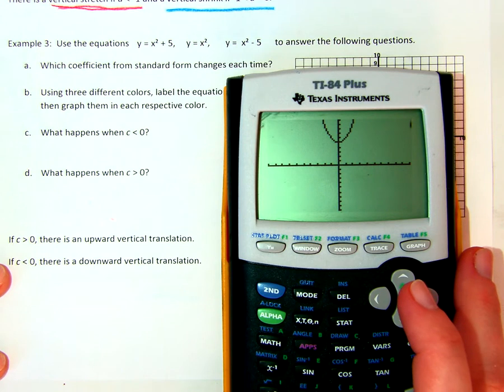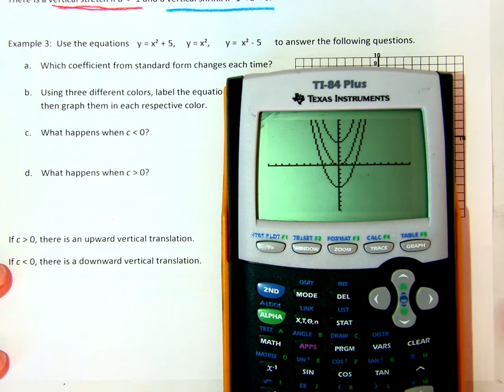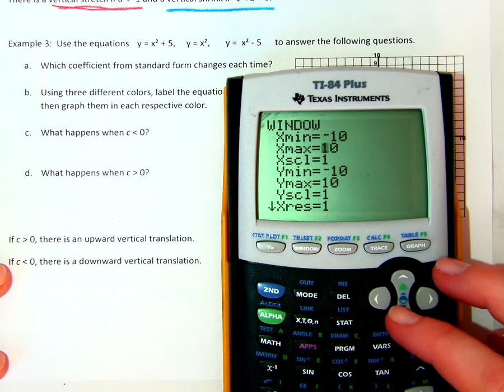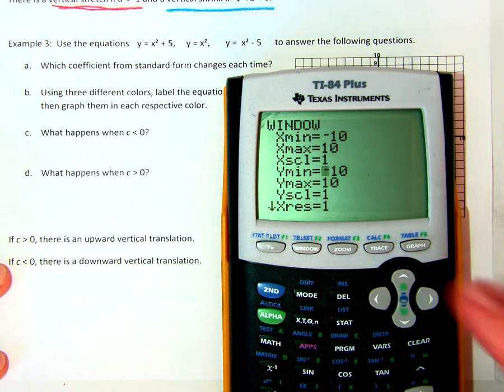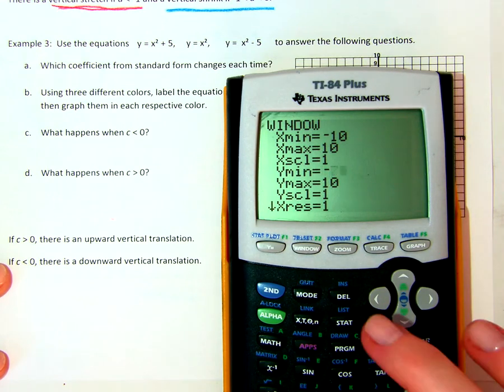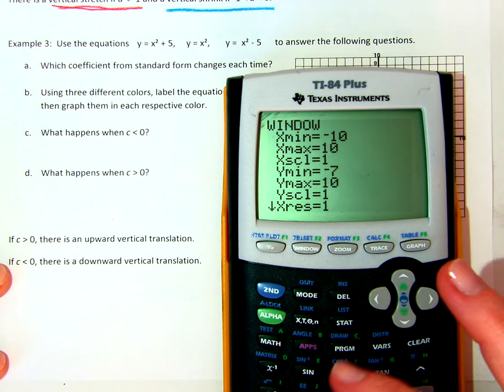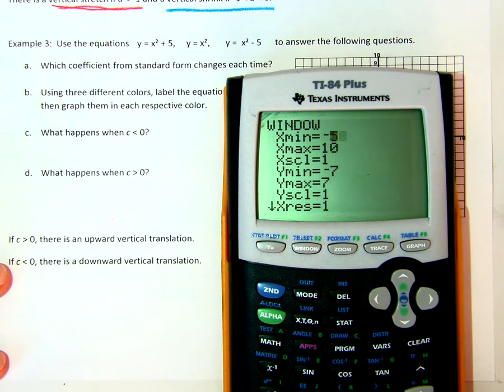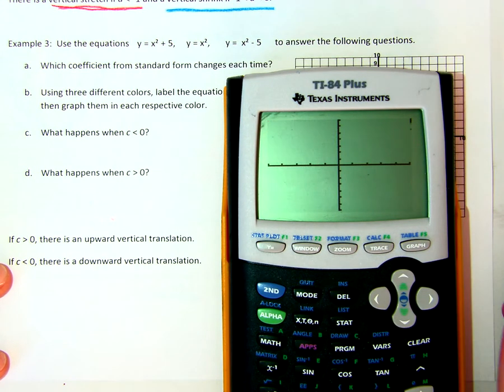So plus 5, 0, and minus 5. I'm going to zoom this in a little bit also. So I'm going to go to my window, and I'm going to let my y minimum be -7 and my maximum be +7. And maybe I'll do it for x also, so we can really see what's going on here.